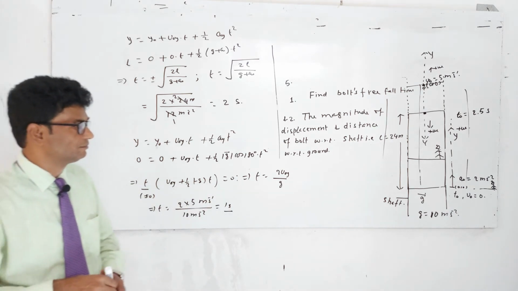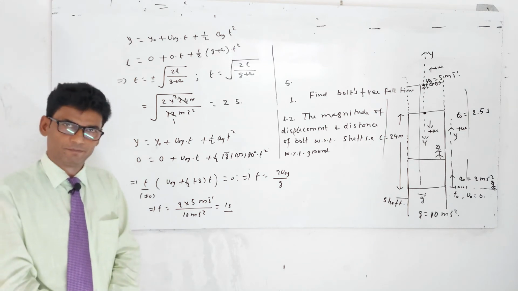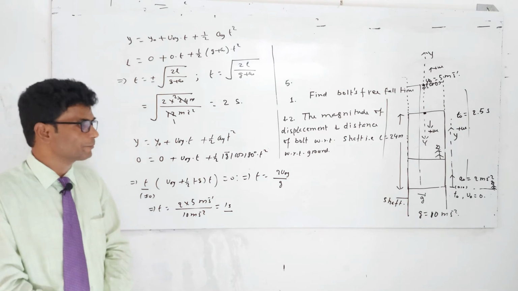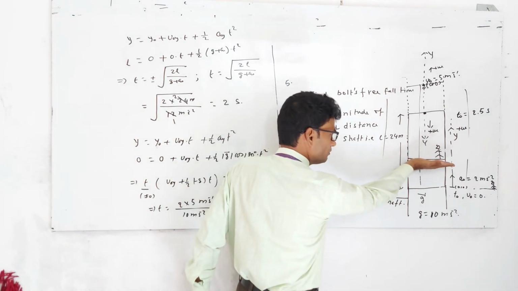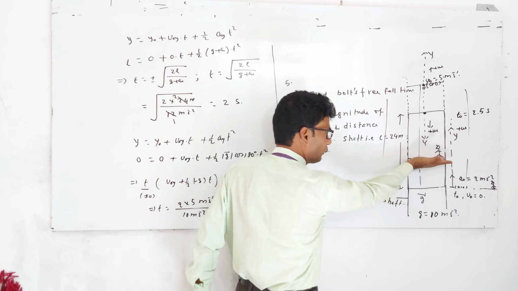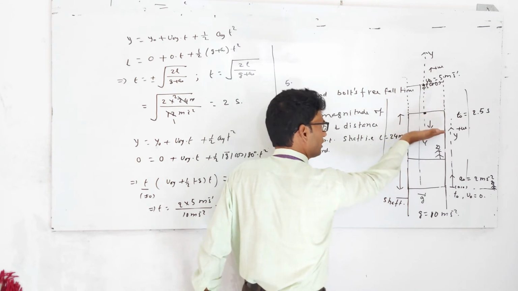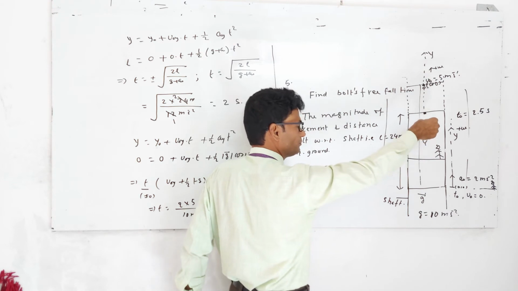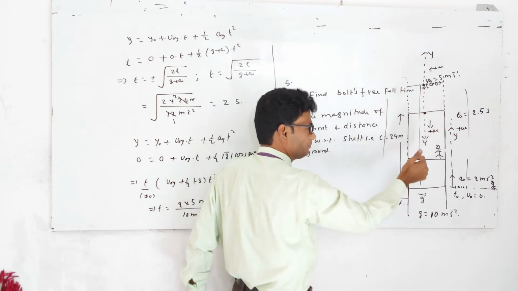But bolt's free fall time is 2 seconds. So definitely the lower end, or you may call it the floor of the cabin, is really below that, because bolt has to strike the floor.